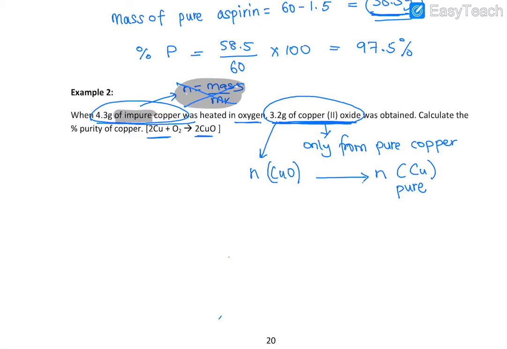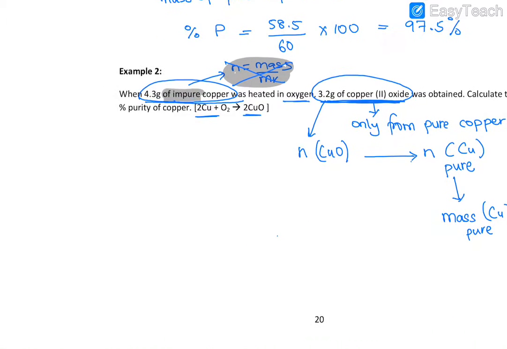And if you get the number of moles of pure copper, you can get the mass of pure copper. And if you find the mass of pure copper, then you can find the percentage purity because you have the mass of impure copper. So let's work this out.